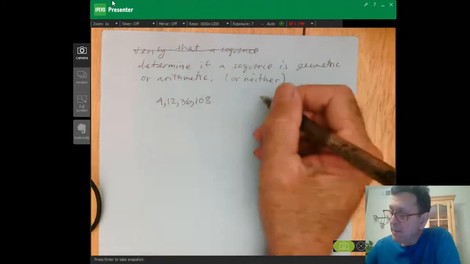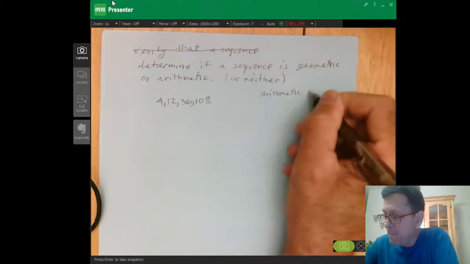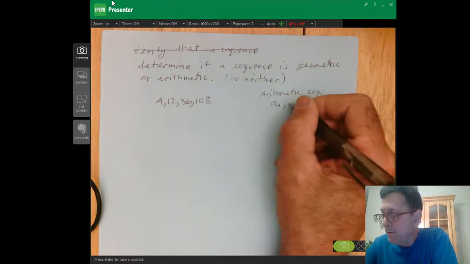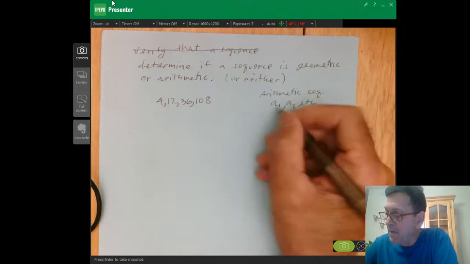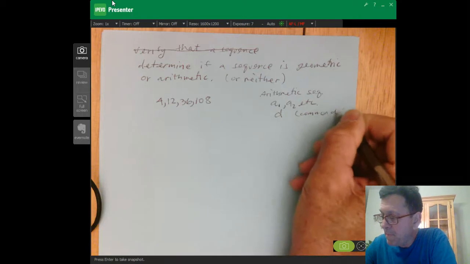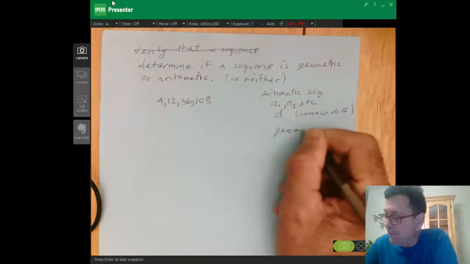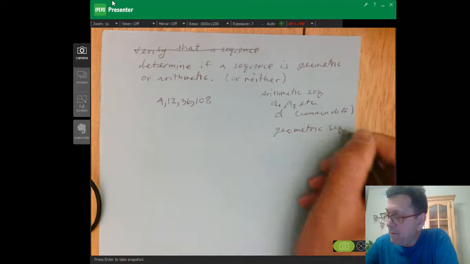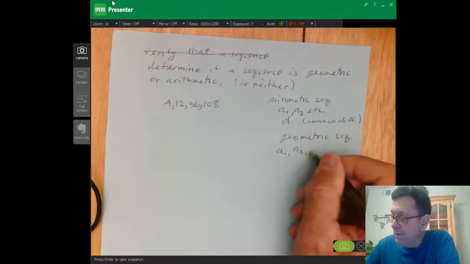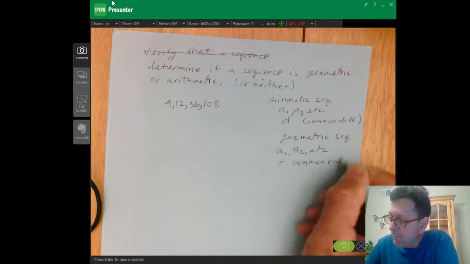Now remember, if we look at an arithmetic sequence, we have a sub 1, a sub 2, etc. And we use D. That's going to be our common difference. A geometric sequence uses a sub 1, a sub 2, so we use the same terms, etc. But now we're going to use R, which is our common ratio.